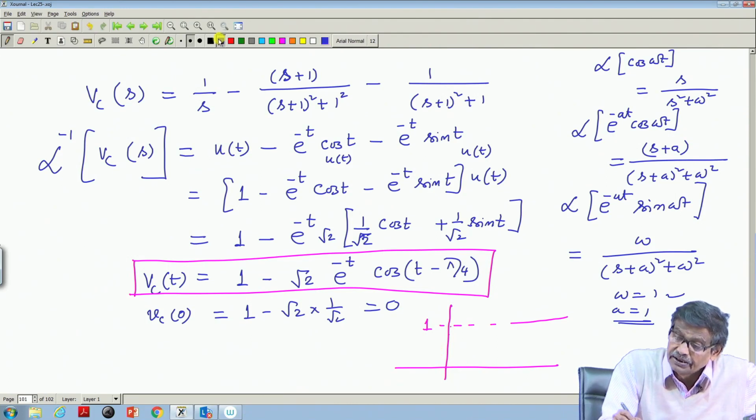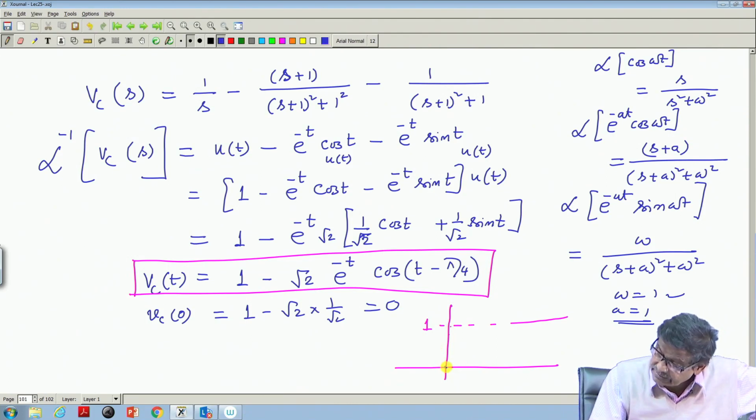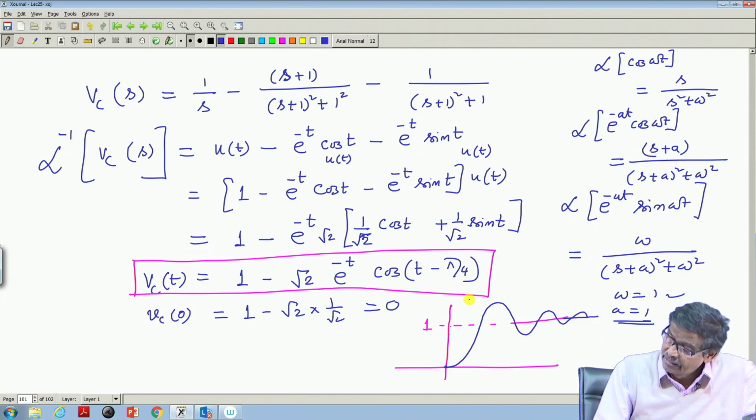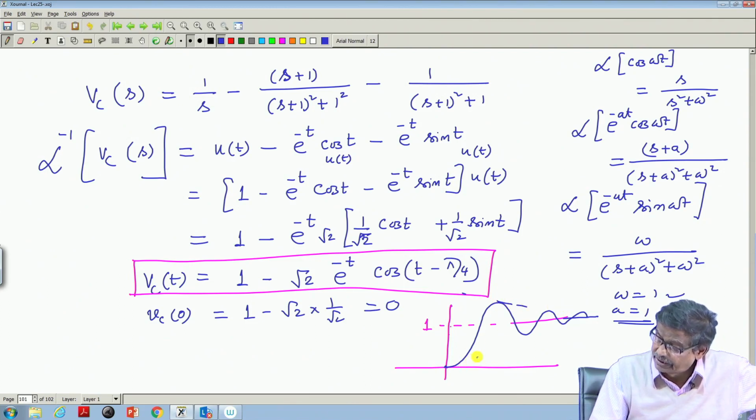So, it will be changing like this, some cosine function is there, there will be some oscillations which will decrease with time, and this sine function is modulated by this damped sinusoidal e to the power minus t.